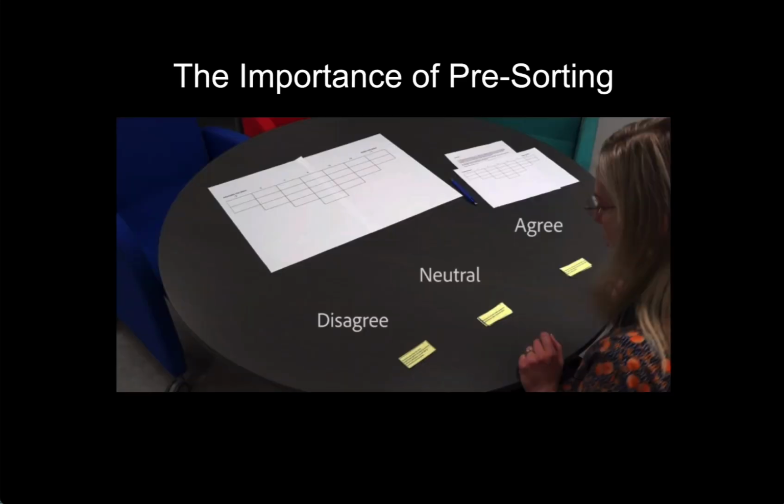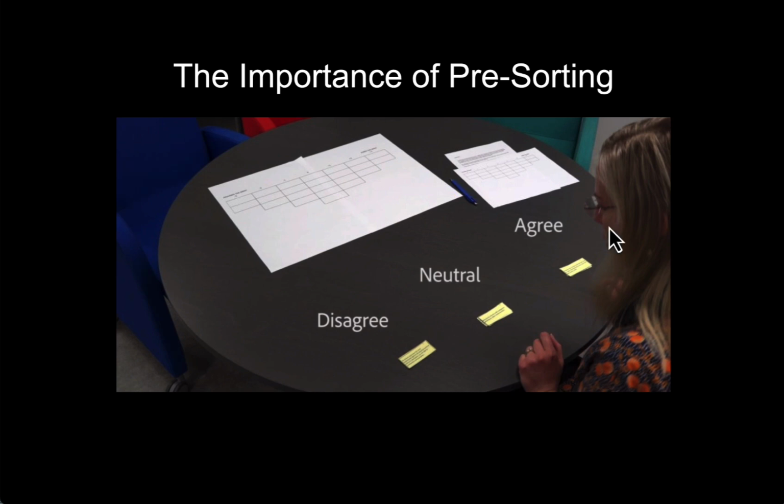And I really want to emphasize just how important the pre-sort is. Now that you have done a couple of Q sorts with me, I hope you really agree with this. In the pre-sorting activity, the participant very quickly takes a look at each of the statements and puts them into one of three piles without really thinking too hard and not worrying about how many statements are going into those three piles. So that when you're done, you have three piles: statements I generally agree with, those that I generally disagree with, and then all of the other statements in the middle.